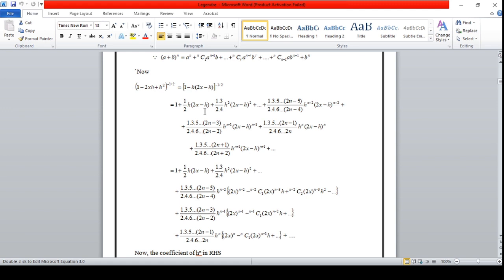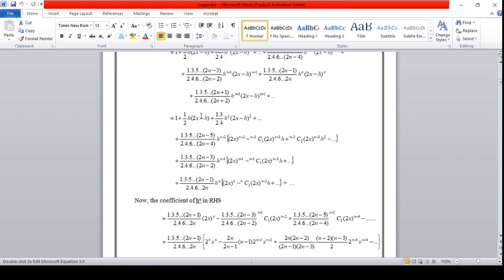Again the next term 1·3·5 up to (2n minus 1) upon 2·4·6 up to 2n h raised to the power n (2x minus h) raised to the power n. Again the next term 1·3·5 up to (2n minus 1)(2n plus 1) upon 2·4·6 up to (2n plus 2) h raised to the power n plus 1 (2x minus h) raised to the power n plus 1, plus and so on up to infinity.